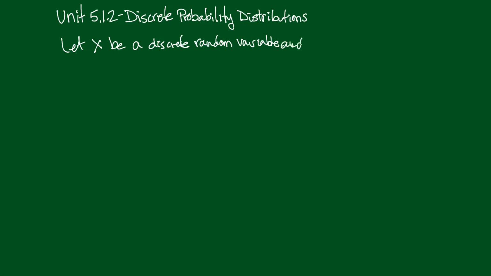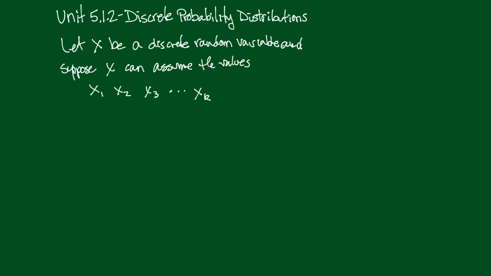And suppose that X can assume the values, I'm going to write them like this: a first value, a second value, a third value, dot, dot, dot, maybe a kth value. So like in that flossing example, this might be the 0, the 1, the 2, 3, 4, 5.